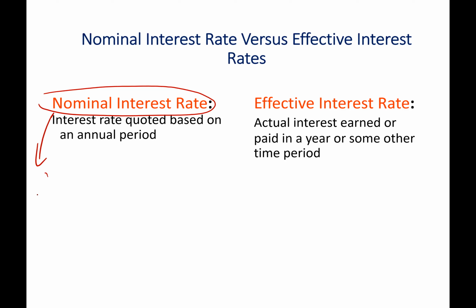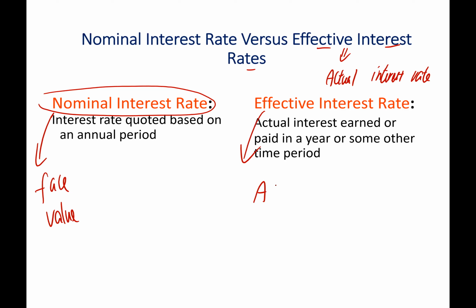And if you want to know the actual interest rate, that is the effective interest rate, meaning you have to look at the compounding period. The actual interest rate is also called APR, annual percentage rate, or annual percentage yield.